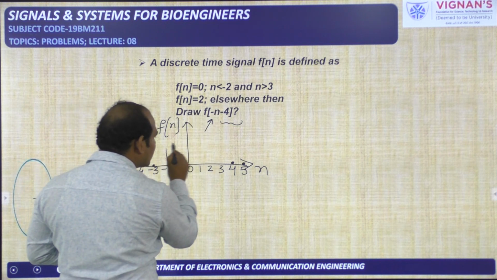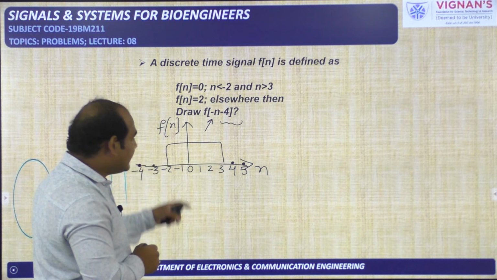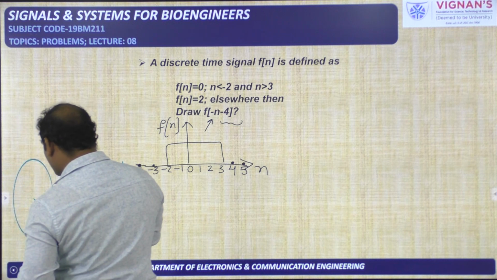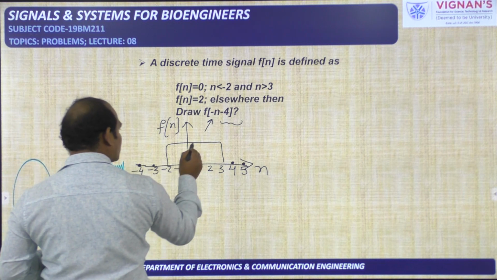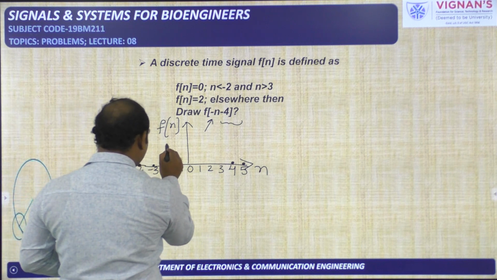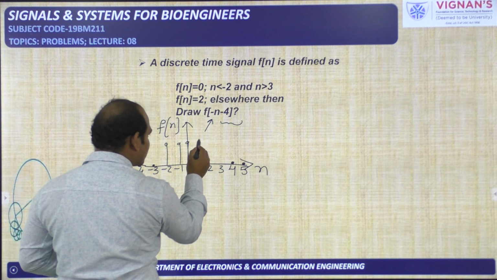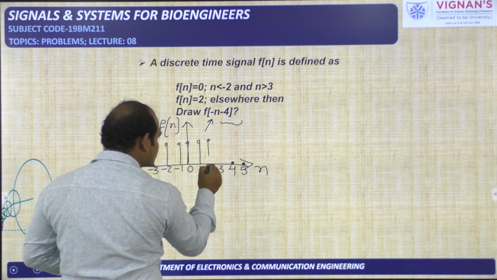So that you should not draw like this, because it is continuous signal. How we have to draw? It is discrete signal means you should draw the samples only, like this. Every sample is of the amplitude 2, then that is nothing but constant 2.